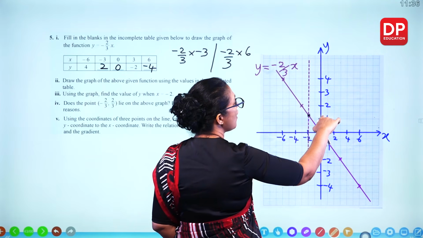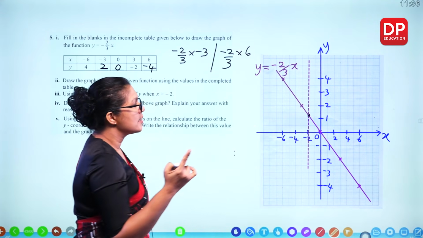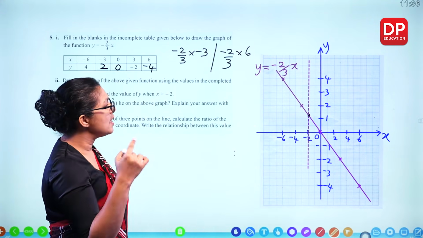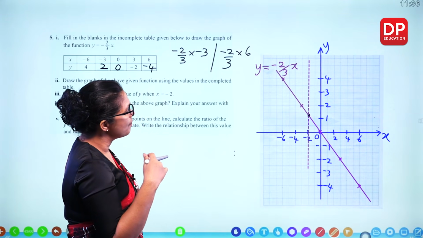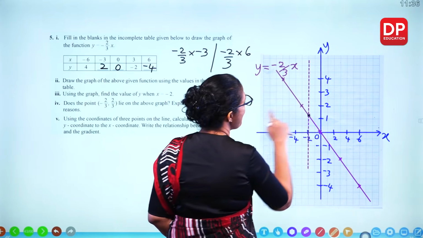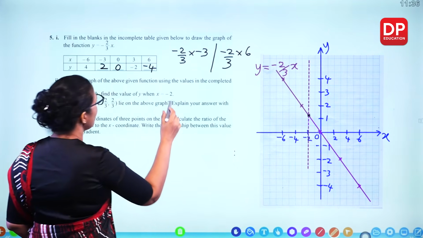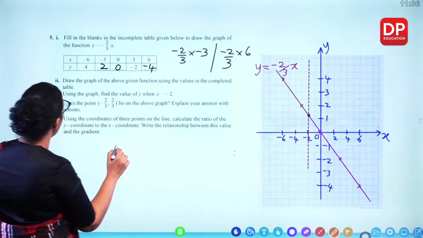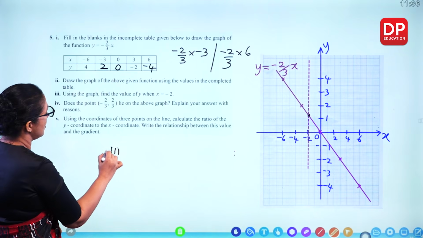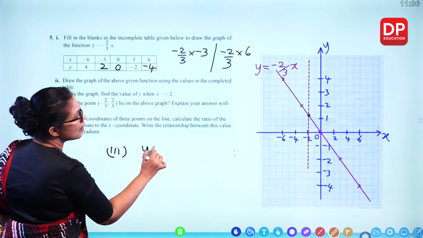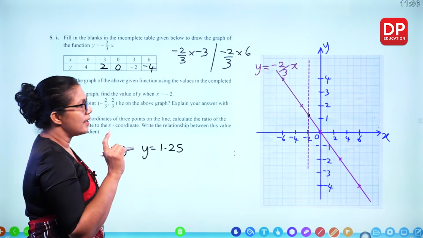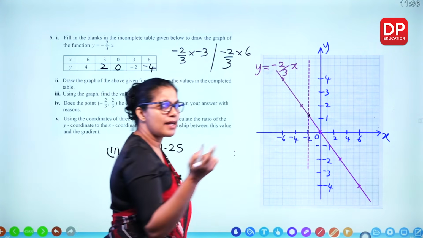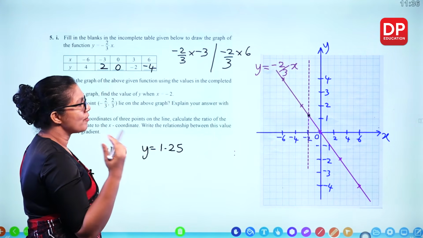This is 1.5, and 1.25 is in between that also. So we can say 1.25 is the y value. 1.25. You get a slightly different answer depending on your graph.